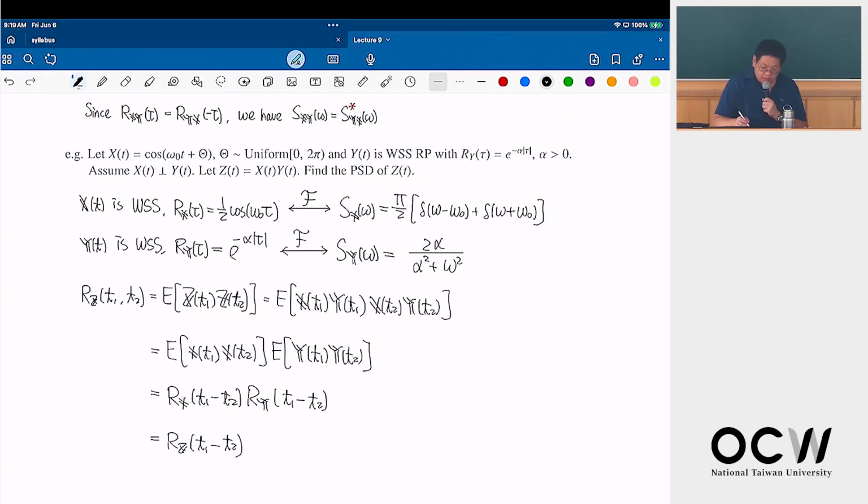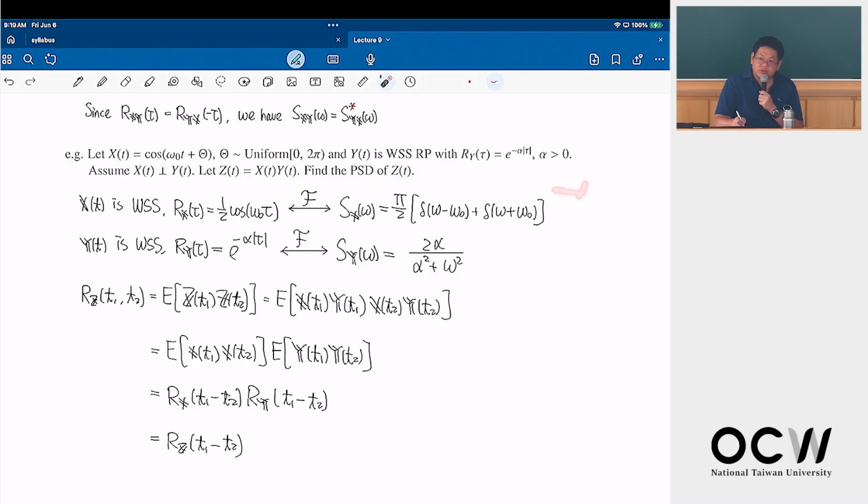Since here we have the power spectrum of x and y, if I have a product in time domain, what is that in frequency domain? Convolution.